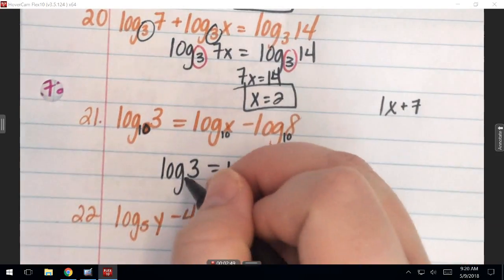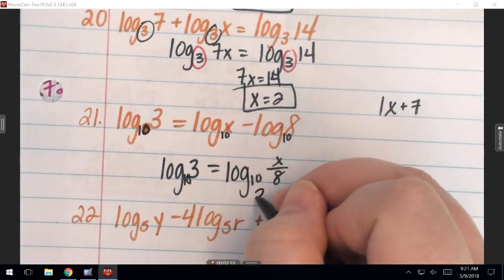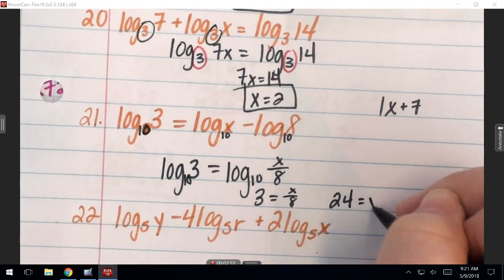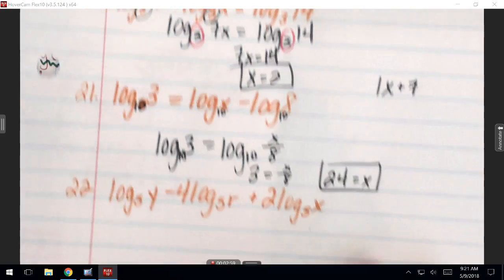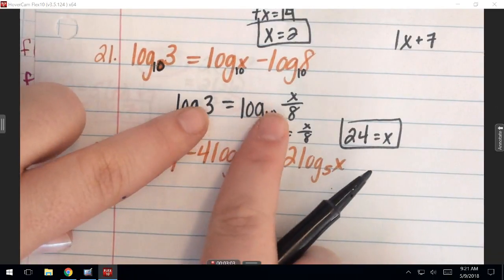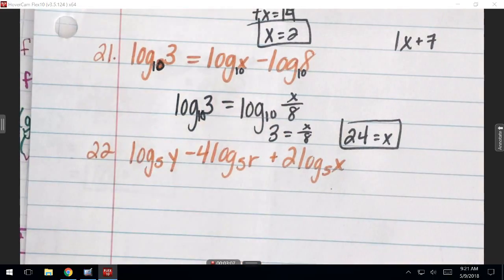So now they have the same stuff going on, so I can go to 3 equals x over 8, so 24 equals x. I should have put more space between my work, but oh well. Because they had the log 10, this one has log 10, it's like I'm covering them up, they go away. So I have 3 equals x over 8, so 24 equals x.